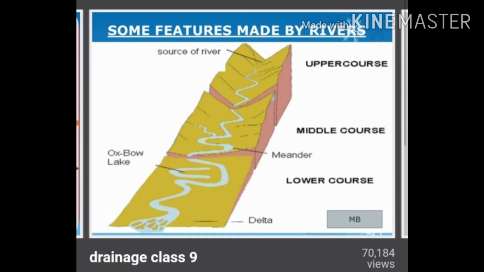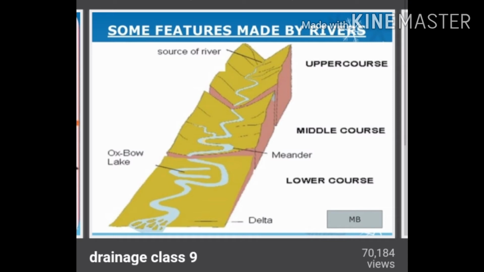In the lower course it spreads into the land area where there is less height, and here it forms different lakes also, and at the end it forms the delta.